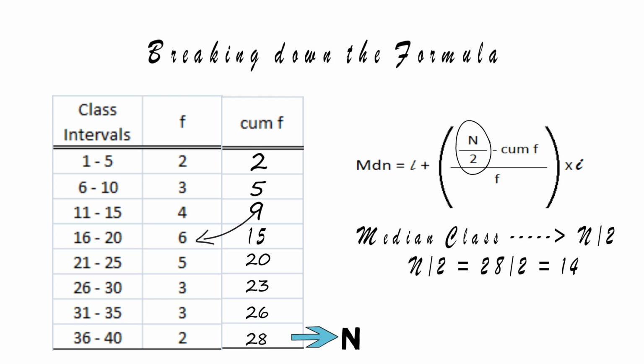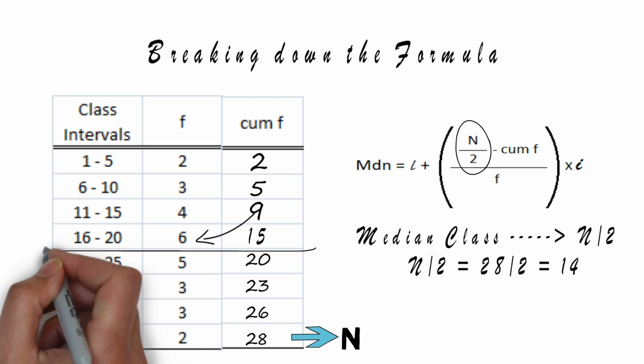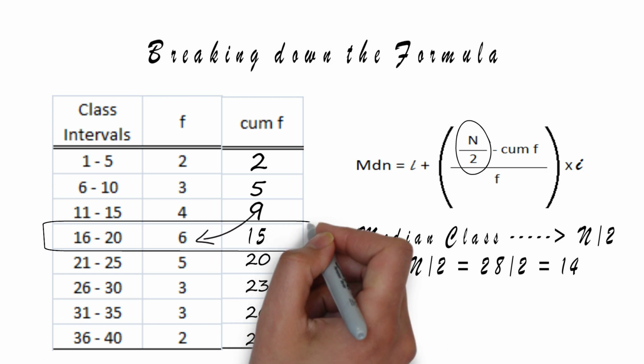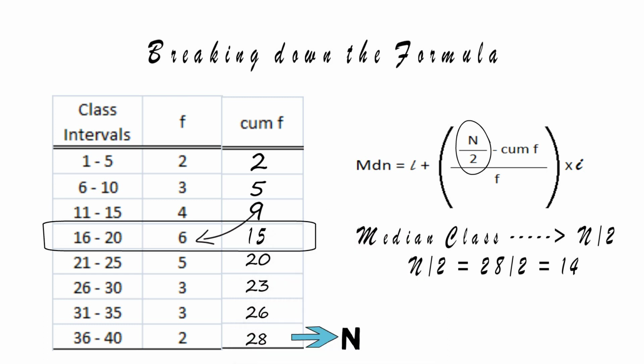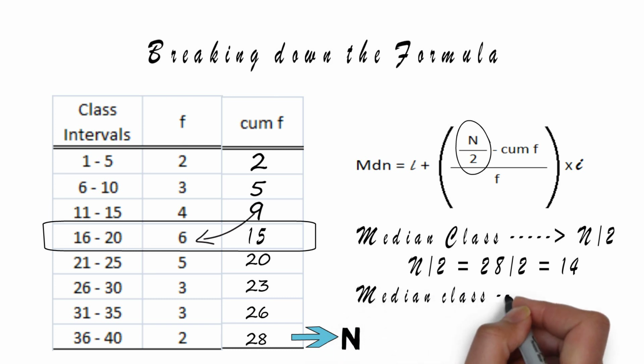Cumulative frequency 15 essentially indicates that it contains scores after 9th place and up to 15th. That is 10th, 11th, 12th, 13th, 14th and 15th scores fall between values of 16 and 20, which is our median class. Our median lies somewhere between 16 and 20.